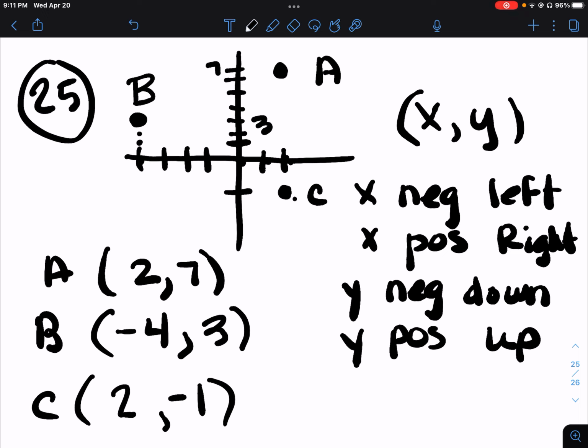Okay, let's put D in the last one so that we have 1 in each group, each section. So D is left 2, so X is negative 2. D is down 1, so Y is negative 1. Okay, and that's the review.